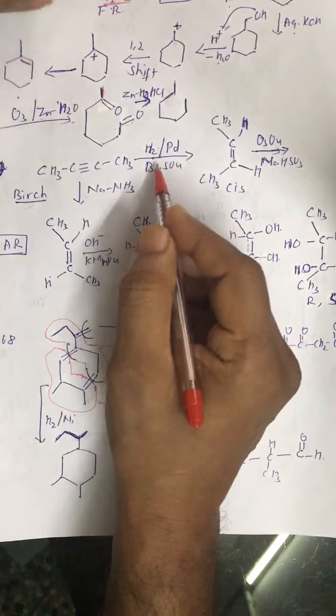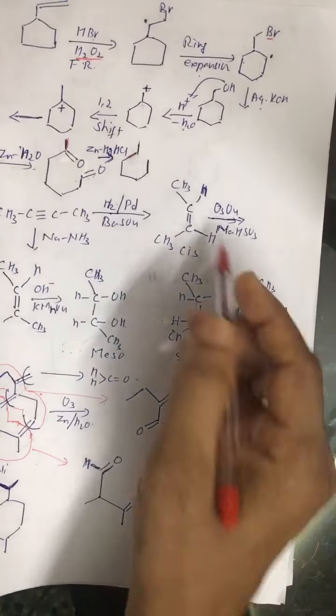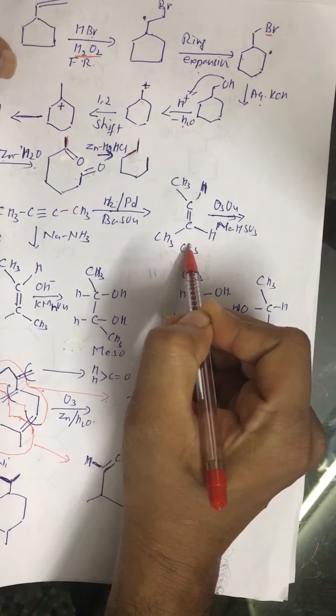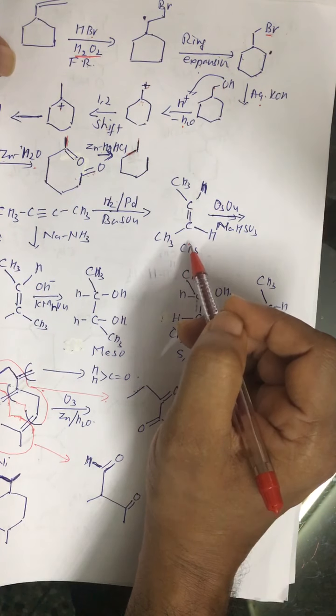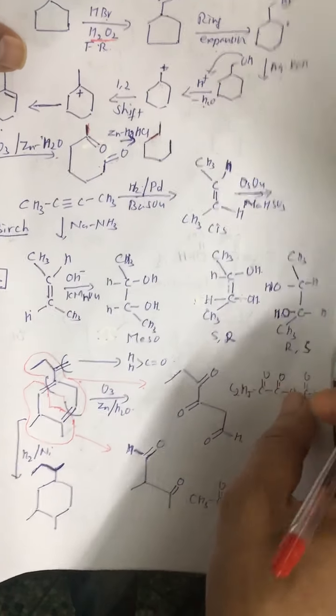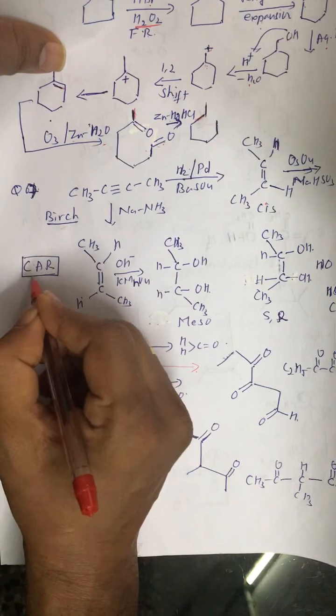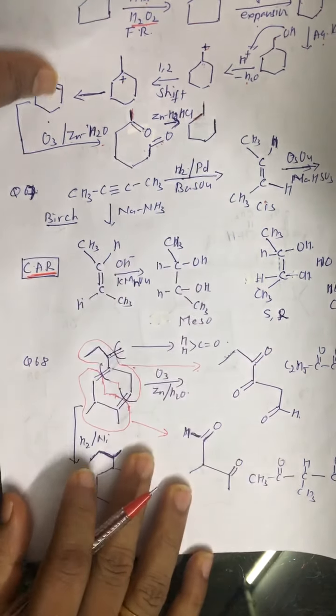First is hydrogenation in the presence of palladium BaSO4. We are getting cis 2-butene. Then you must remember one acronym, that is called CAR. If you can remember this, it is very helpful.